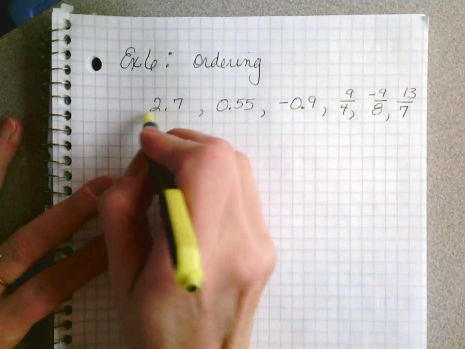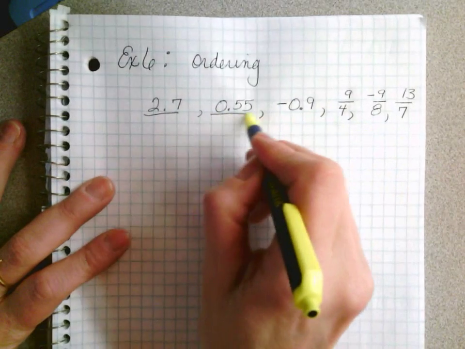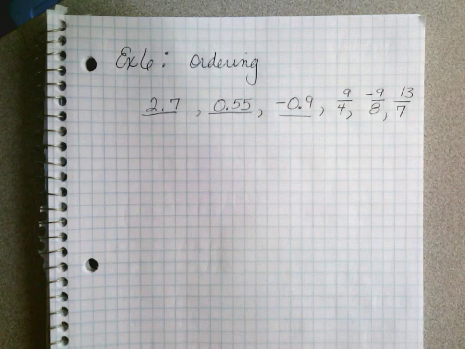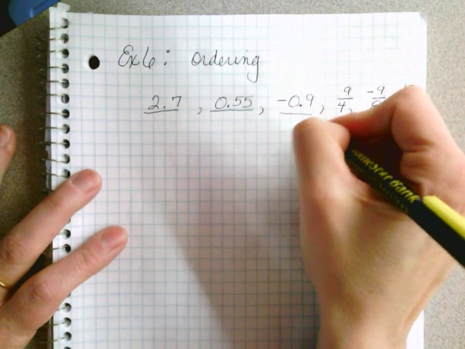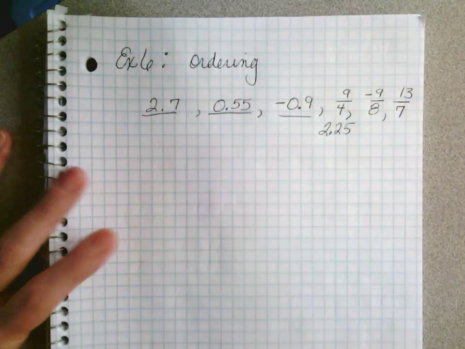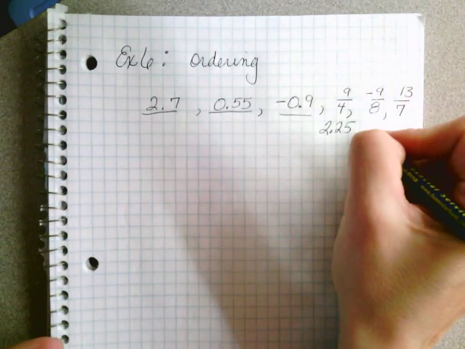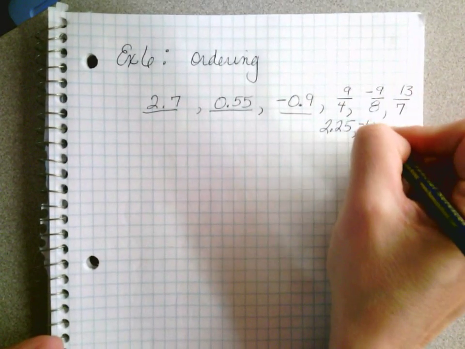So I already know what this is. It's a decimal. I already know what that is. I already know what that is. 9/4. So take 9 divided by 4 and you get 2.25. Did you guys all come up with that? 9 divided by 8, negative, and you get negative 1.125.